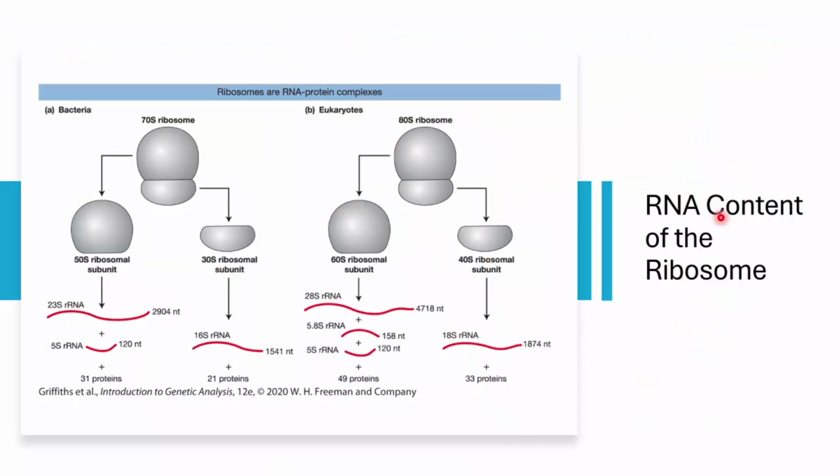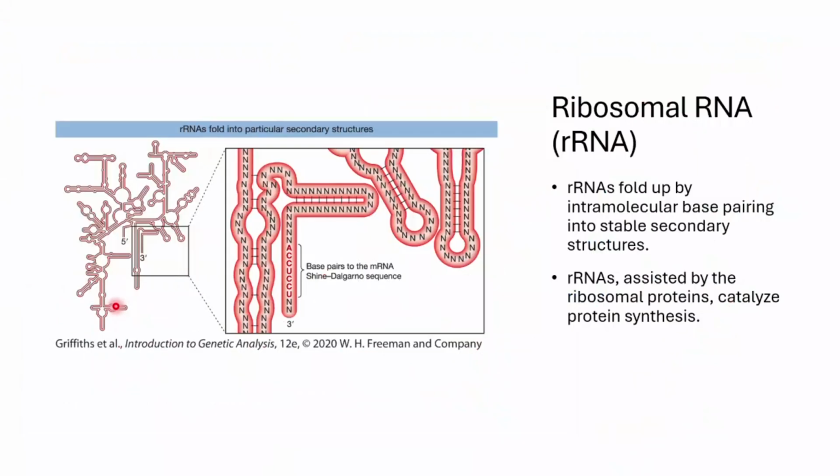Okay, so ribosomal RNAs. Let's look at that. As I told you, the ribosome has a lot of protein, but also a lot of RNA. They have these ribosomal RNAs and these tRNAs that come in and out of it. The ribosomal RNAs have a different structure, this weird shape here. They're a little bit longer than the tRNAs.